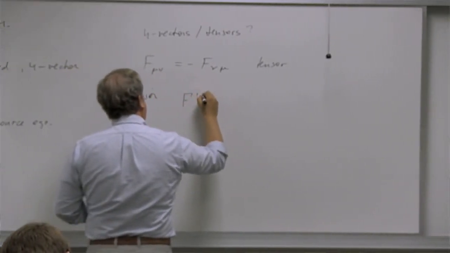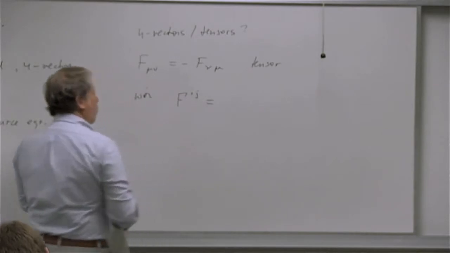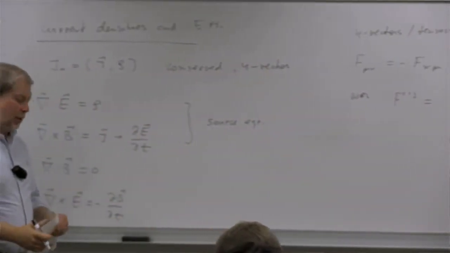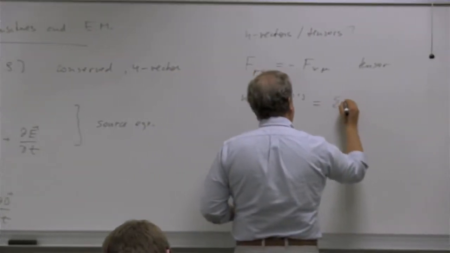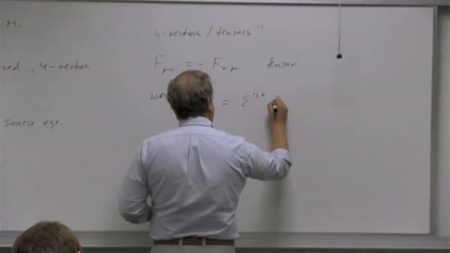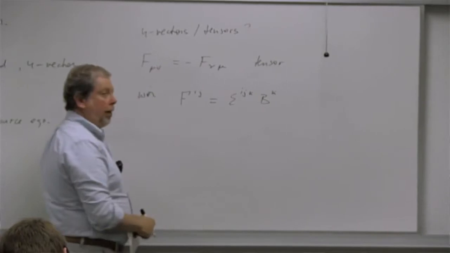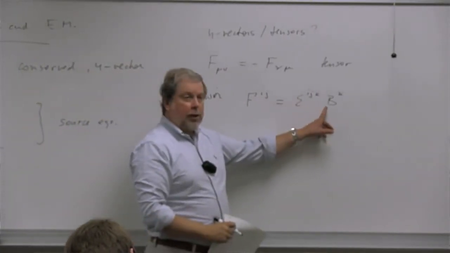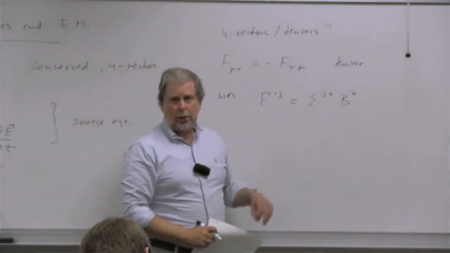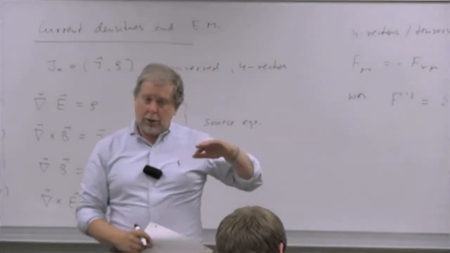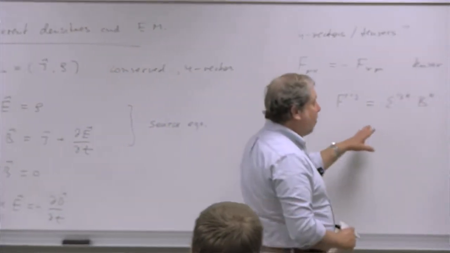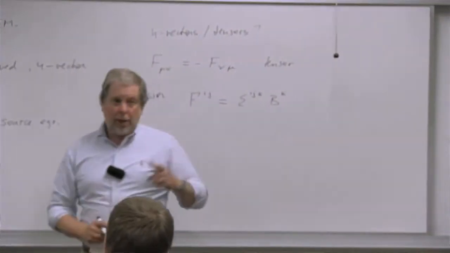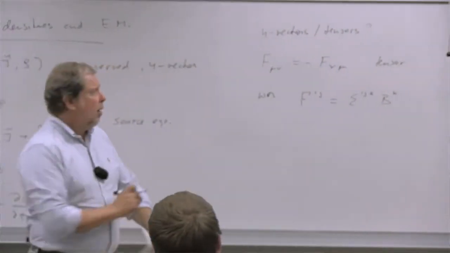First of all, the spatial part of this tensor, Fij, is equal to epsilon ijk Bk. By the way, when you have spatial indices, it doesn't matter whether you put them upstairs or downstairs because there is no distinction. It's the time that always causes these issues. So when you have indices i, j and k, you can put them anywhere you want. The result is the same.